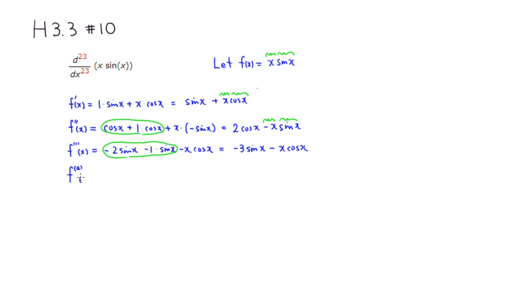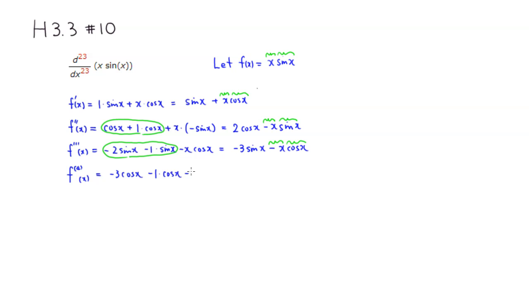Let's take the fourth derivative. The derivative of negative 3 sine of x is negative 3 cosine of x. And here we're going to take the derivative using the product rule. Negative x is the first guy, cosine of x is the second guy. The derivative of the first guy is negative 1 times the second guy, cosine of x.